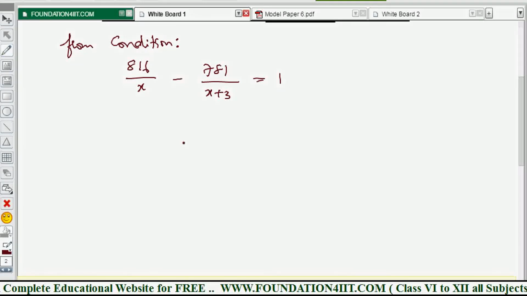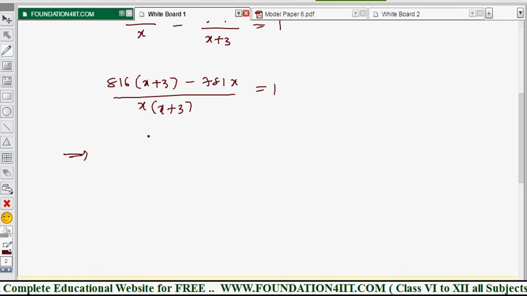By taking LCM, x into x plus 3: 816 into x plus 3 minus 781 into x is equal to x into x plus 3. Simplifying, 816x plus 816 into 3 minus 781x is equal to x into x plus 3.